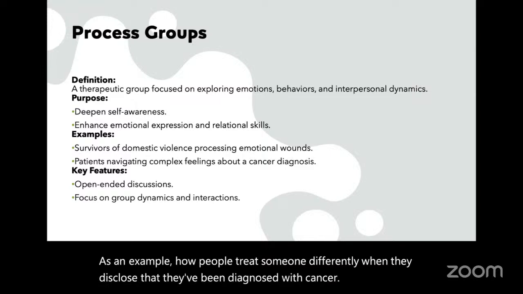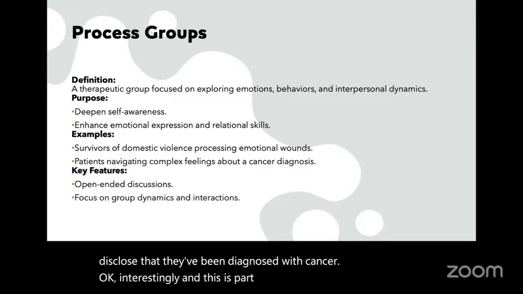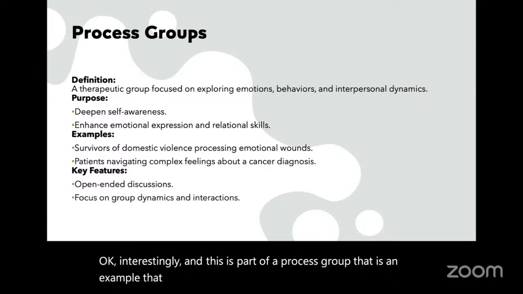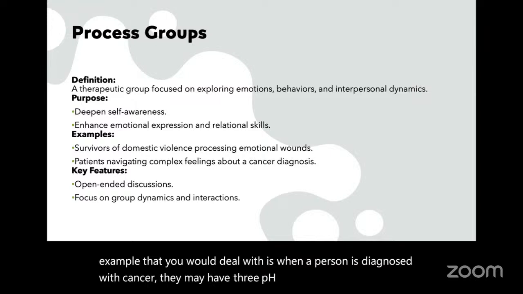Okay. Interestingly, and this is an example that you would deal with in a process group, when a person is diagnosed with cancer, they may have 3 PhDs, a medical doctorate.